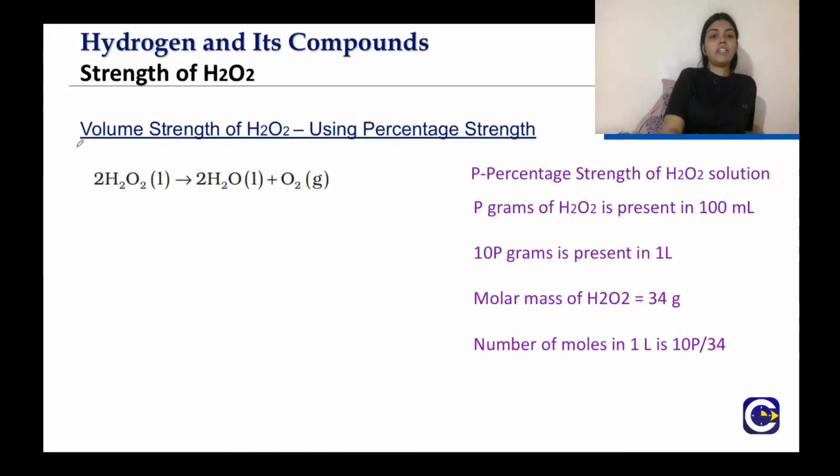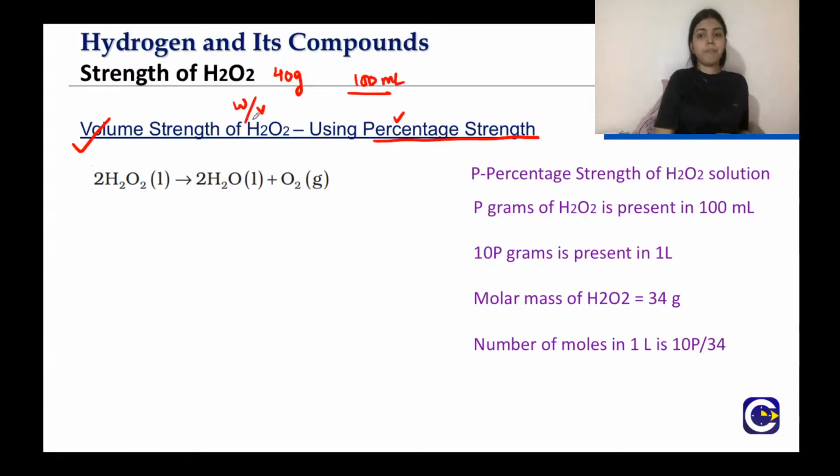Now next is volume strength of peroxide using percentage strength. If you know percentage strength, remember that if it is mentioned as 40%, that means 40 gram of peroxide is present in 100 ml solution, right? So that was weight by volume percentage.